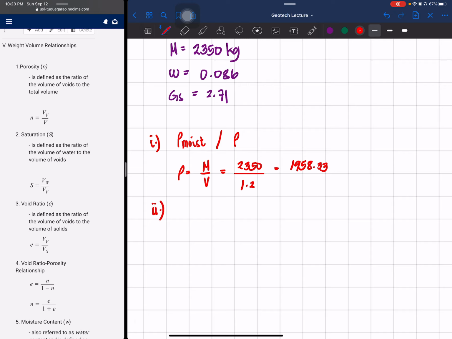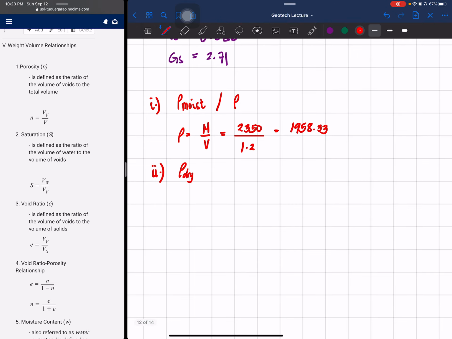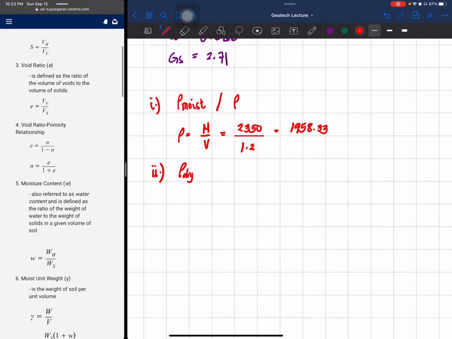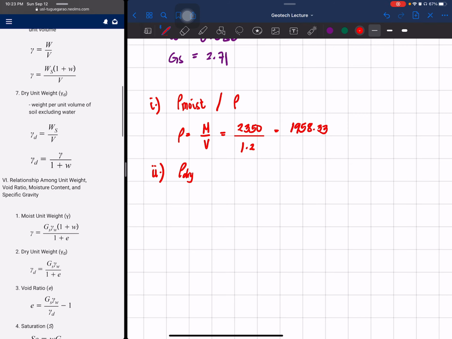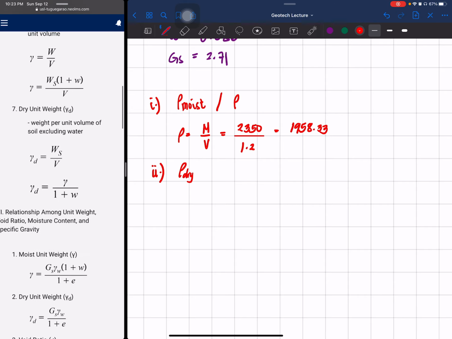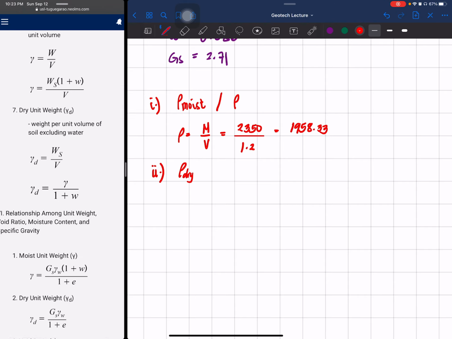Next, the question being asked is the dry density. Okay, rho dry. If you're going to scan for formulas, we can actually use the dry unit weight formula, that is formula number 7, the second one. As I mentioned, gamma and rho are interchangeable units.